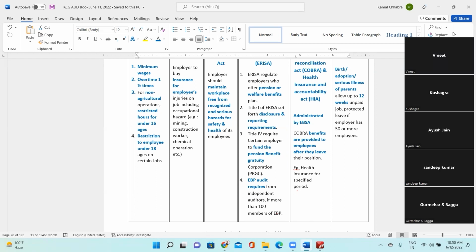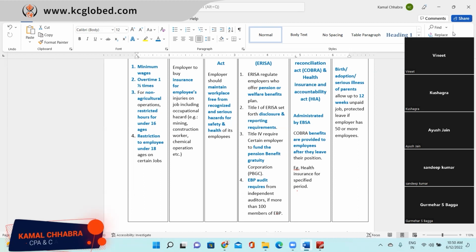No? Okay, no worries. There will be two types of plans: when the employer contributes to the government, or else the employer has its own benefit plan. One is the contribution plan and the second is the defined benefit plan. In the contribution plan, the employer contributes the respective contribution from the employer side and employee side to a third party, whether it's an insurance company, an NGO, or a trust.